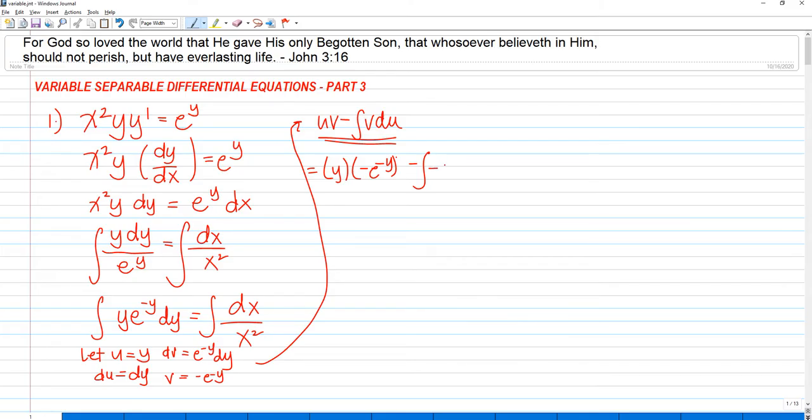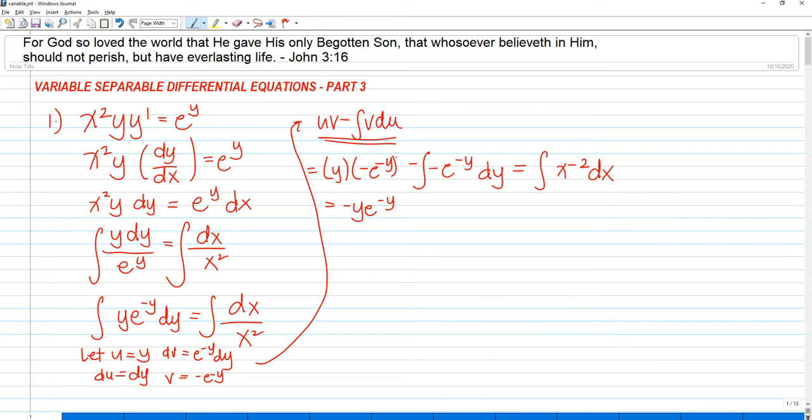The v is negative e raised to negative y, and our du equals dy. On the right side, the integral of this, we know by the power formula, we have x raised to negative 2 dx. Later on, we simplify that. So y times this would be negative y e raised to negative y.